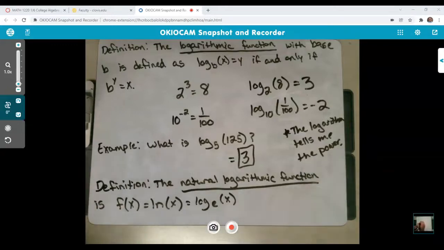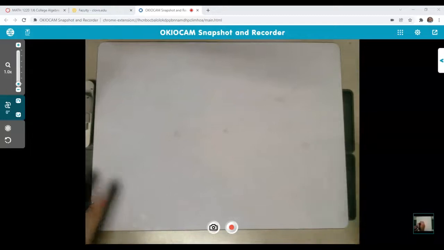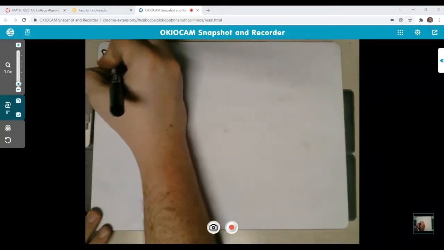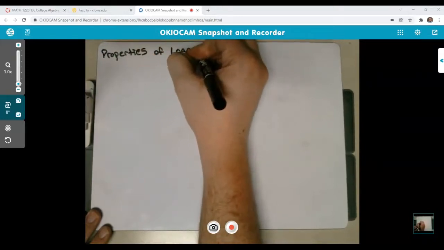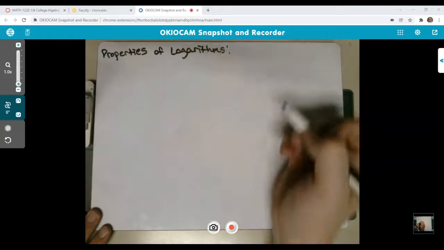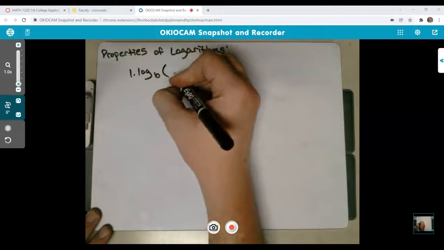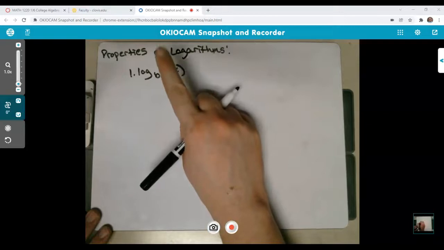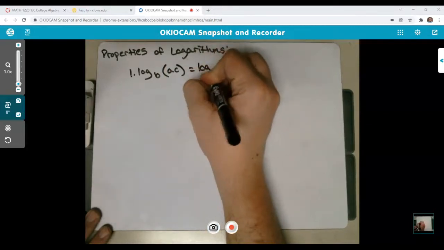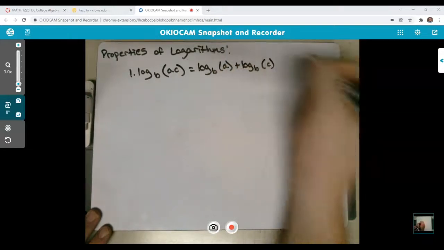So we have some properties of logarithms that we need to follow. Here are some properties of logarithms. The first one says that if there is multiplication occurring inside of it, so like if I have log base b of ac, I can write that as log base b of a plus log base b of c.